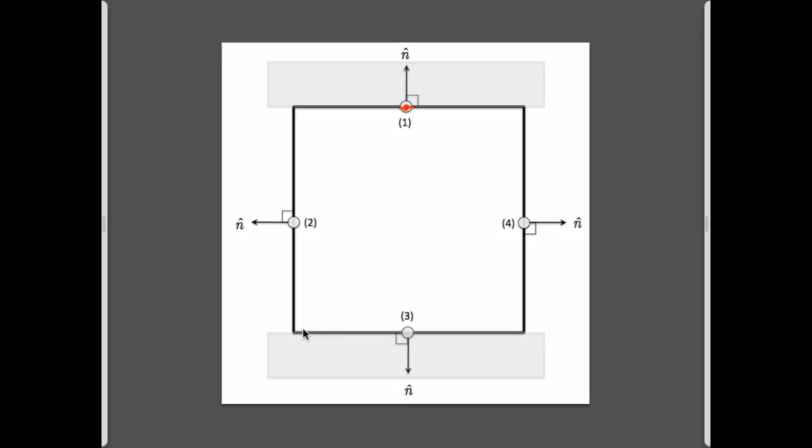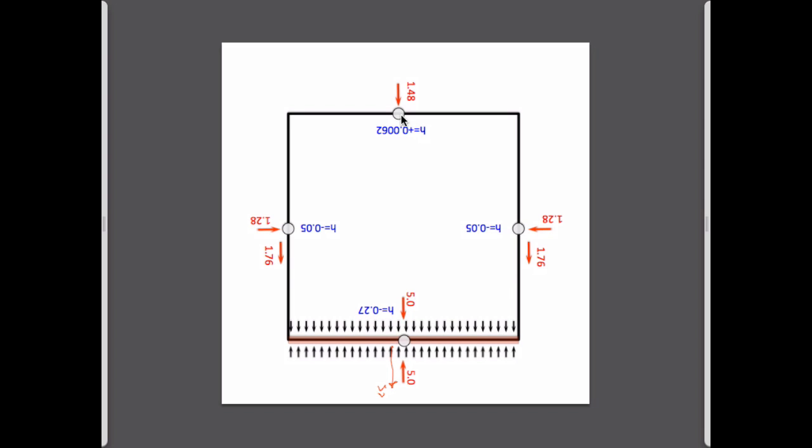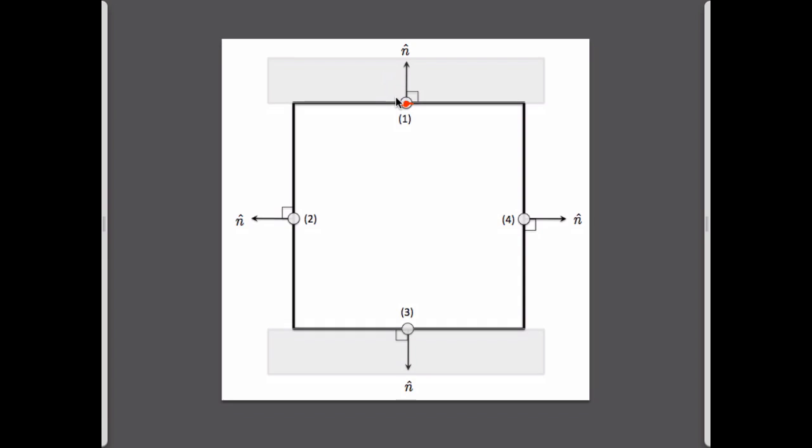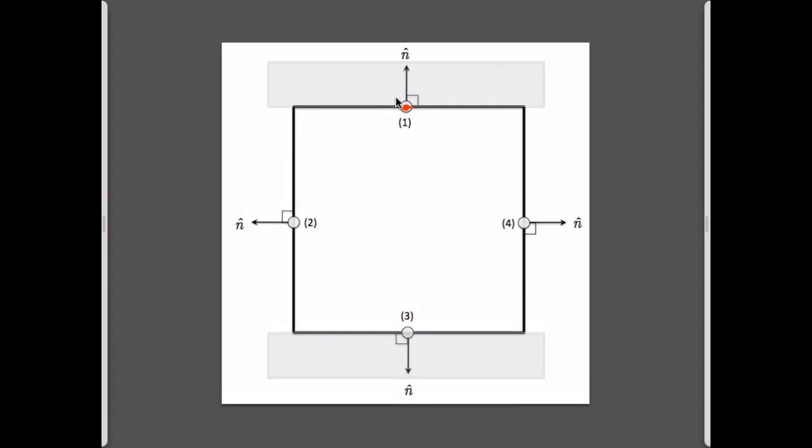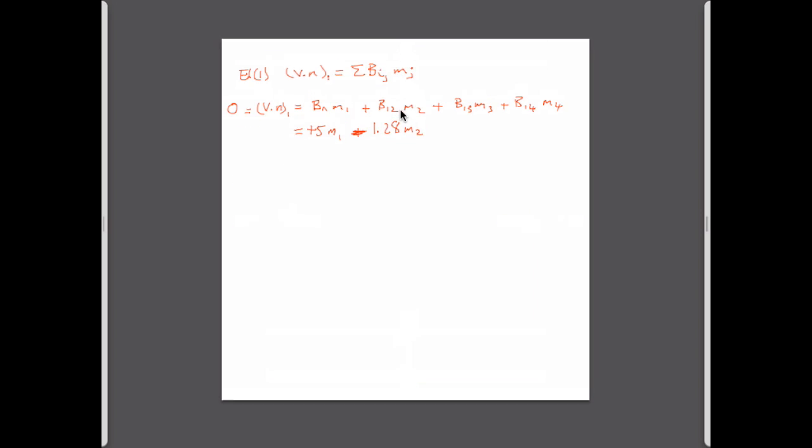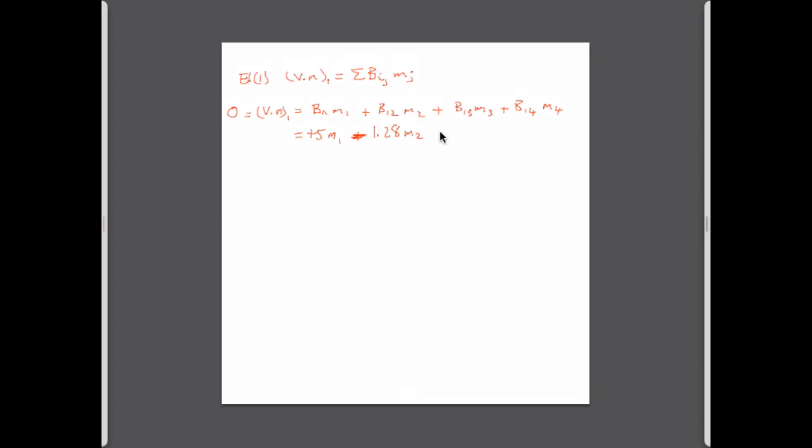We're going to put a source here now, and we're going to wonder about its influence again on this same location. And so the velocity induced here is going to be 1.48. Again, we're interested in the normal to the boundary velocity, so it's minus 1.48 times M3.